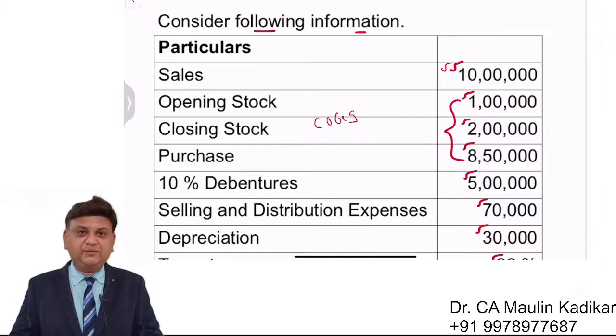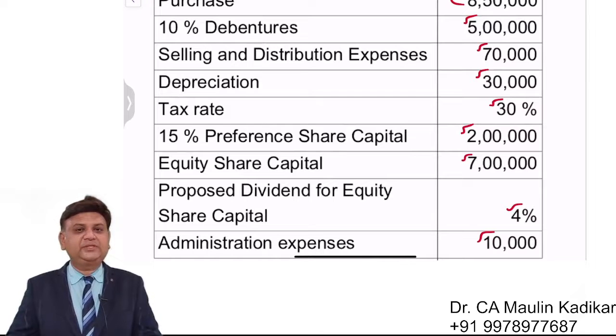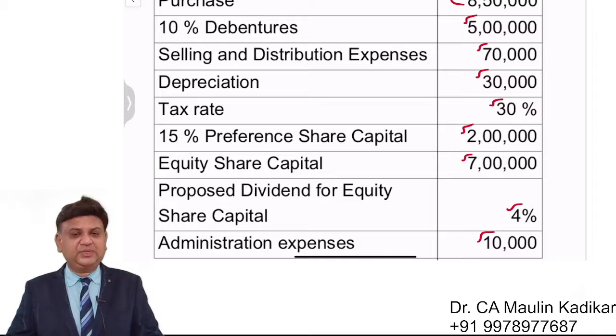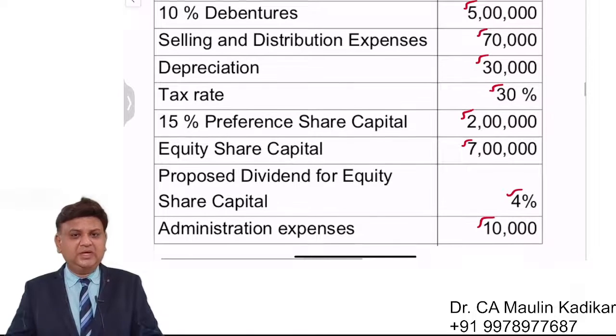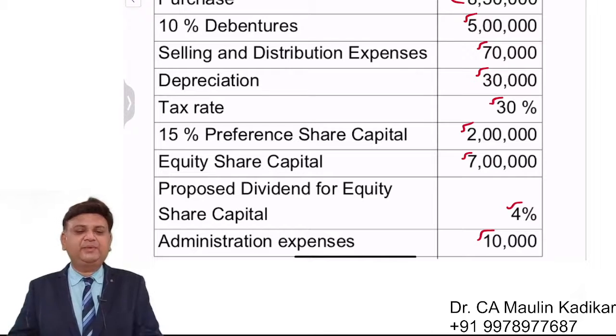COGS will be deducted from the revenue to calculate the GP. So we'll get the credit side of the P&L account. Afterwards, all expenses information have been given, like interest, selling and distribution expense, depreciation, administration expenses. All of them will be deducted to compute the profit, and with that, we'll prepare the P&L account.